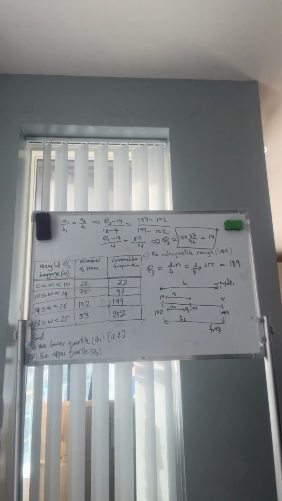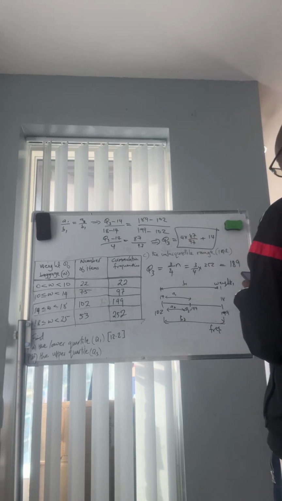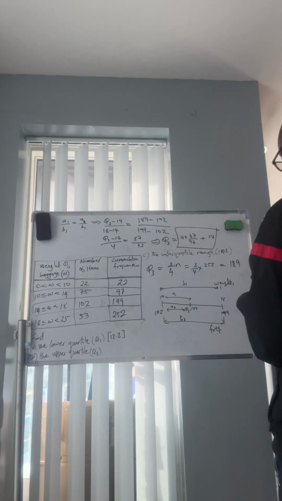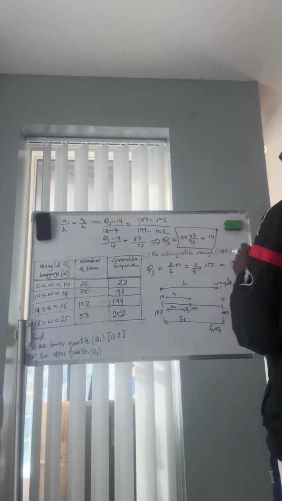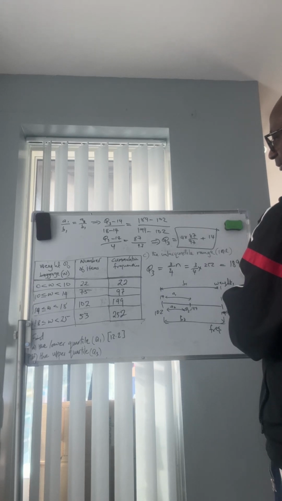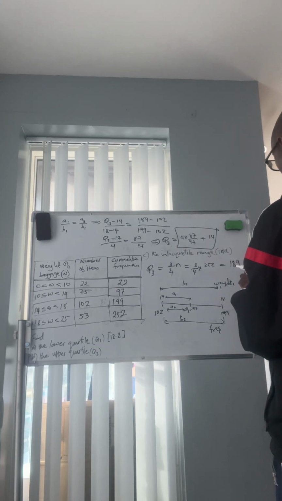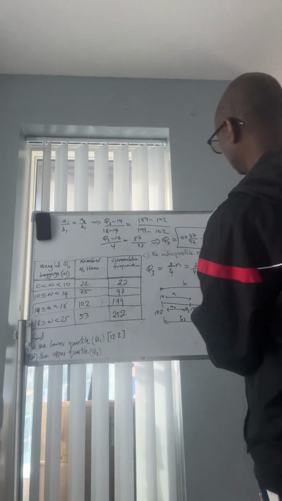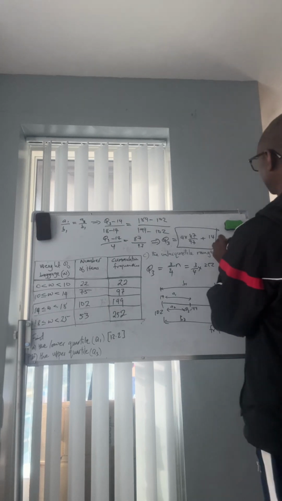Let's simplify. 87 divided by 97 times 4, you get 3.587, plus 14, that gives you 17.587.